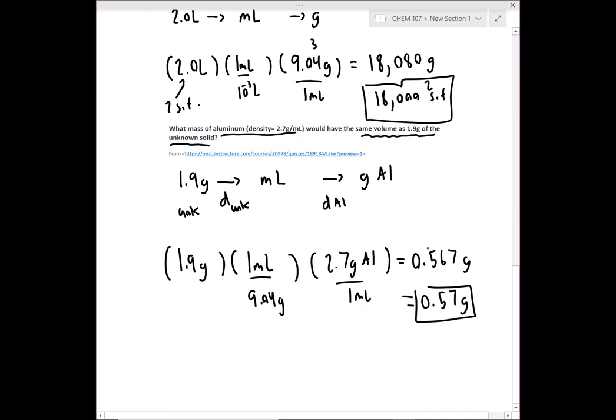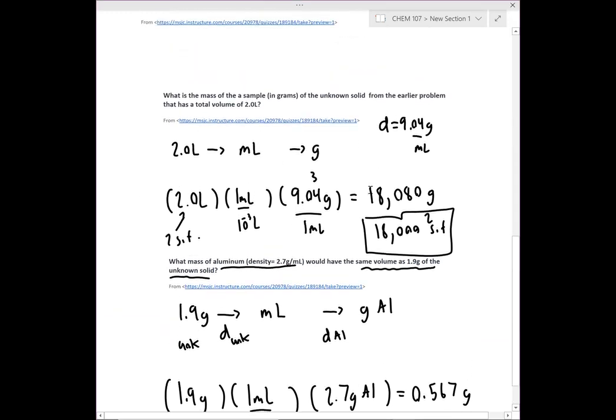Does this make sense? Does this problem make sense? Does this type of density calculation look familiar to everyone? Professor, is that number 38 or 39? This one is number 39. Okay, thank you. 38 was done up here. Right. Okay. Thank you. Any other questions that I can address?